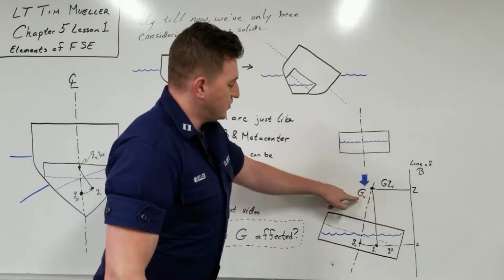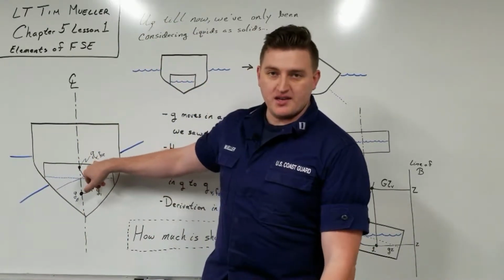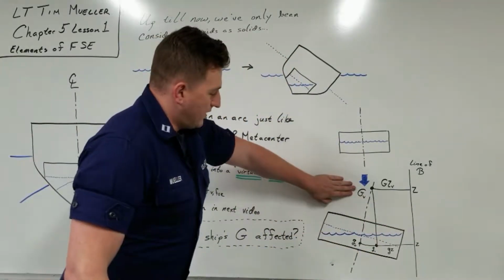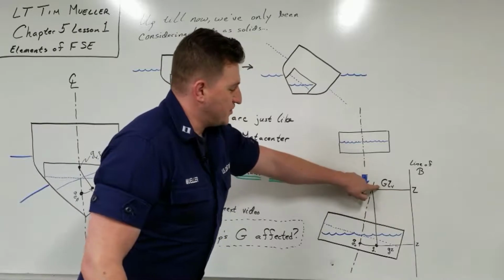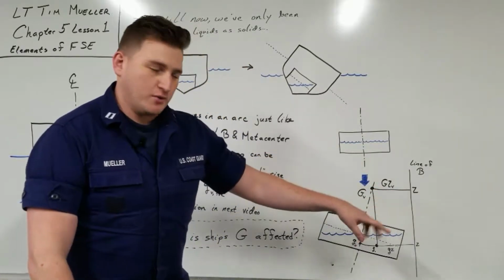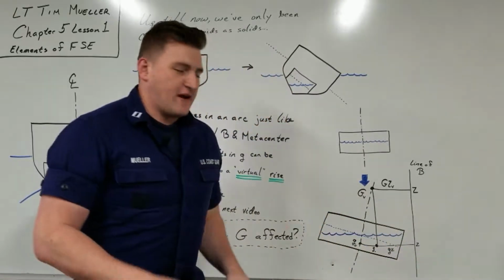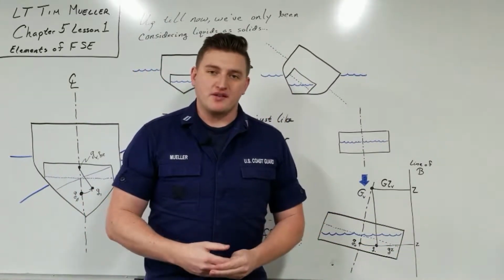So this GV, which is the same as right here, the little g v FSE, this GV has a righting arm of this GZV, GZ virtual. And the fact that these righting arms are the same is the very basis of what we're going to see later in this video.